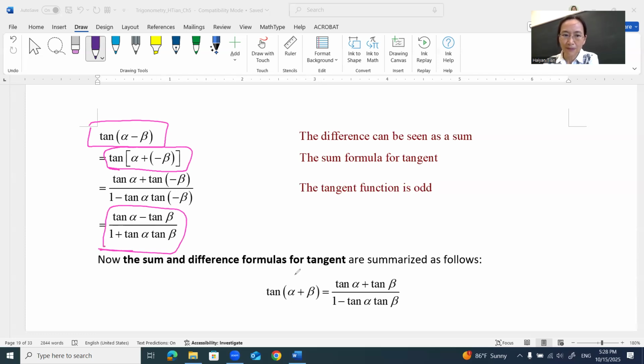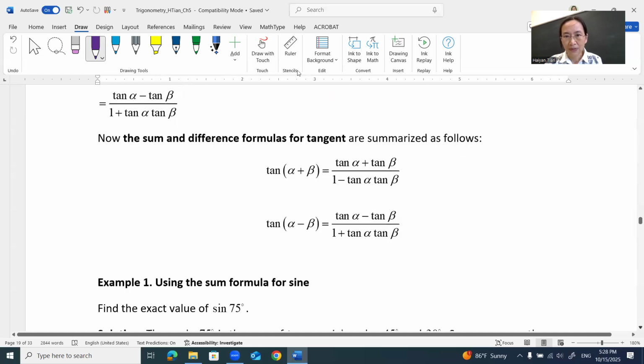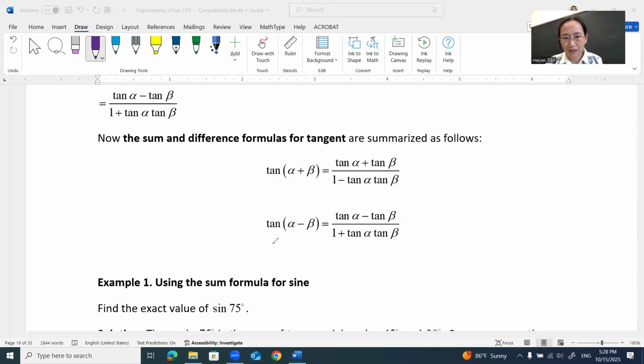And then now we have not only tangent for a sum, also this tangent of a difference. Okay, so now we have two additional formulas. You see the sum and difference formulas for tangent. And look at this formula. When it's a tangent of a sum, you have sum in numerator and minus sign in the denominator.